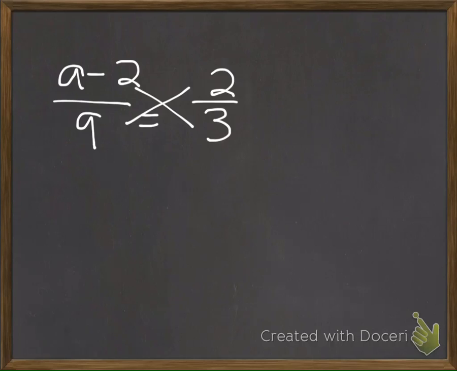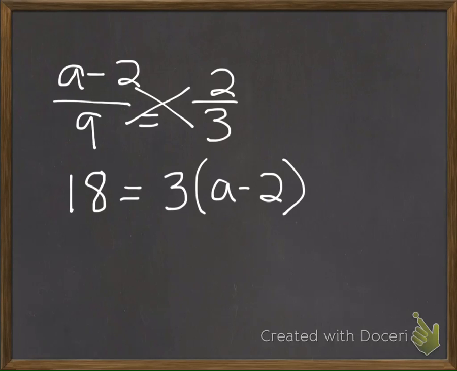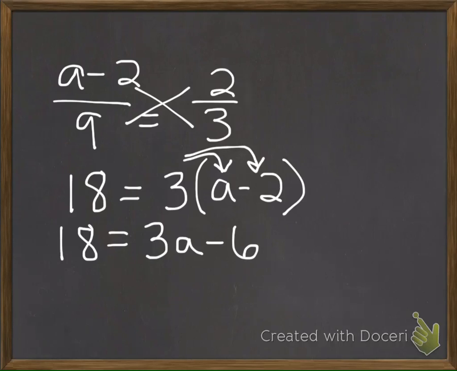So 2 times 9 is 18 equals 3 times a minus 2, which is written this way. Okay? Once you have it written, then you distribute the 3 to everything inside of your parentheses. So then you have 18 equals 3 times a is 3a, and then 3 times negative 2 is negative 6. All right?